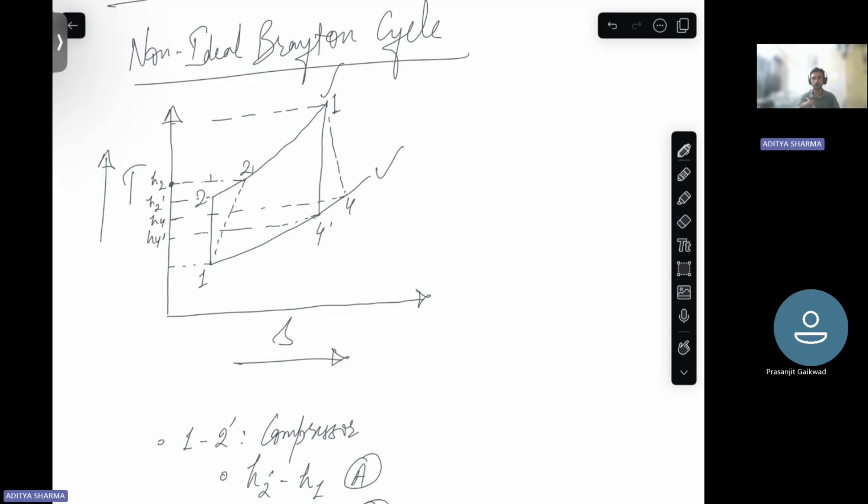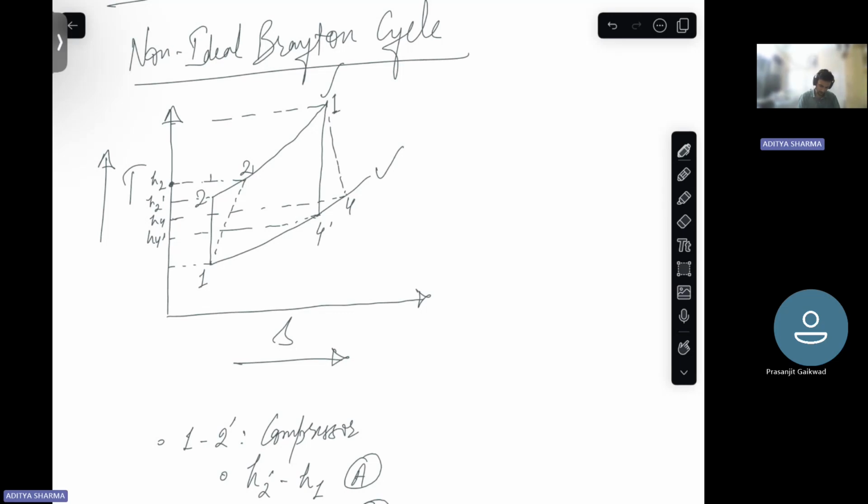So the working fluid moving to 2 dash or moving to 2, the pressure is same. But the work input in case of 2 is higher and in case of 2 dash is lower, which is the ideal case. Isentropic one is the ideal.